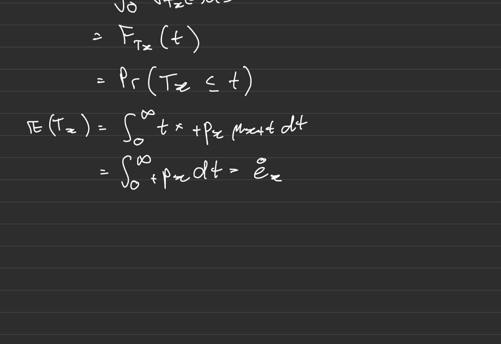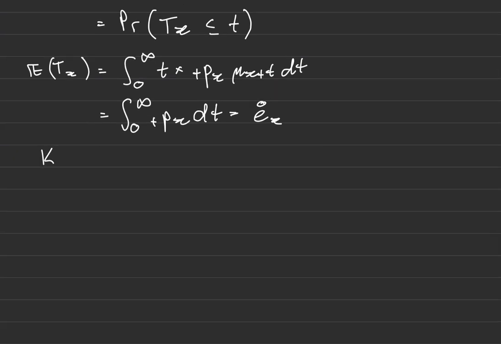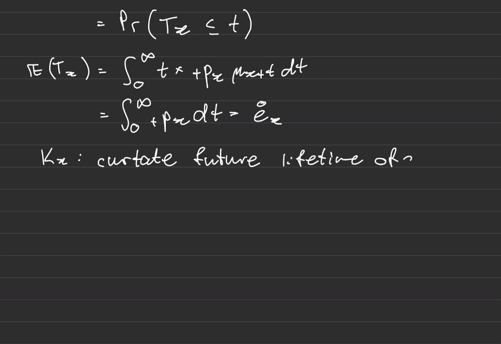Now we also have Kx, which is the curtate future lifetime of a life now aged x.